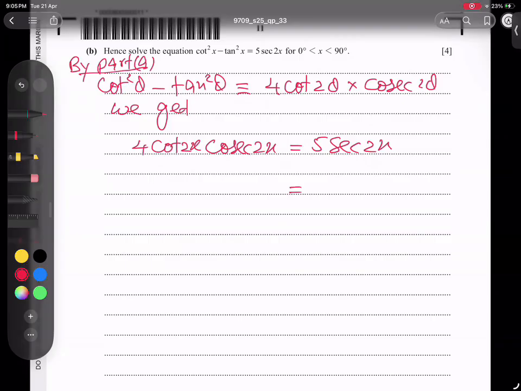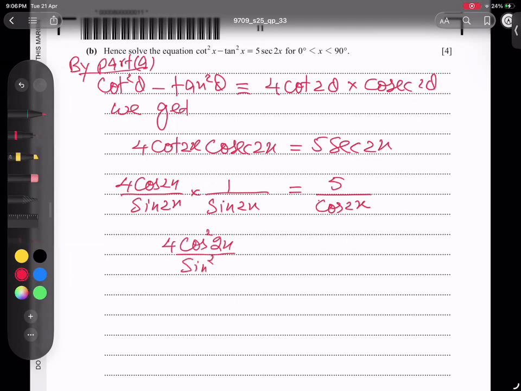Secant is basically 1 over cos. So I'm writing here 5 over cos 2x. Okay, cosecant is 1 over sin 2x, and cot is cos over sin 2x. So if it comes this side, multiply up. So it becomes 4 cos square 2x and down sin square 2x equal to 5.